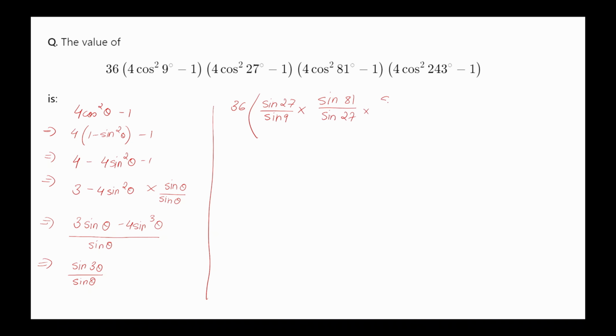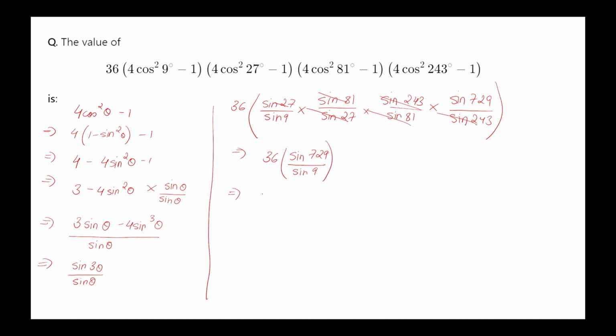Here I would have sine of 243 by sine 81, and here I would have sine of 729 upon sine of 243. Now you can see it has been simplified way higher, so all these values would simply cancel out amongst each other. We would have 36 times sine 729 by sine 9.